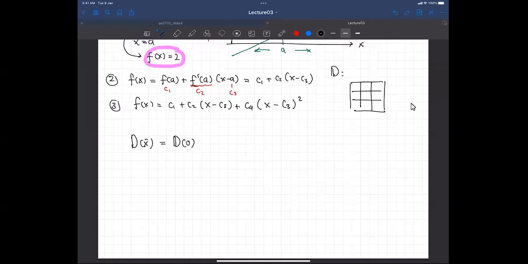Let me go like this. This is x, this is y. So the origin of this coordinate, of the red coordinates, is exactly in the middle of your 3 by 3 patch. So this one is (0, 0). So D0 refers to that location.